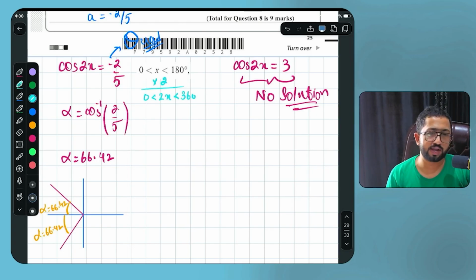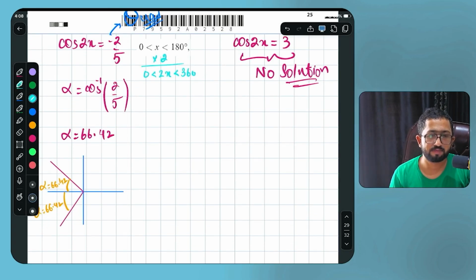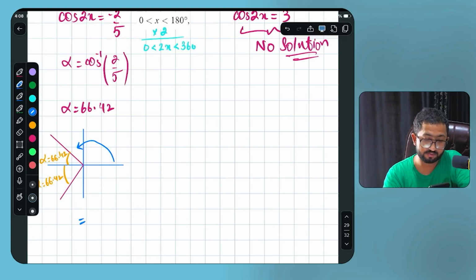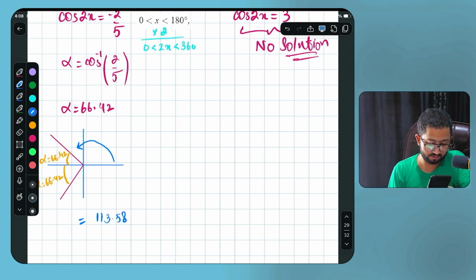Even you can do it directly, no problem. So the answer of this question will be 180 minus and 180 plus.